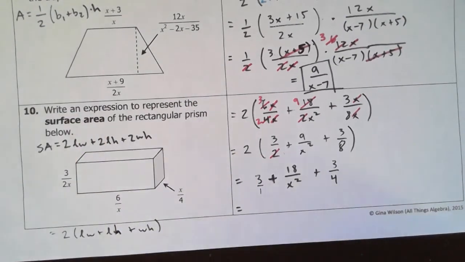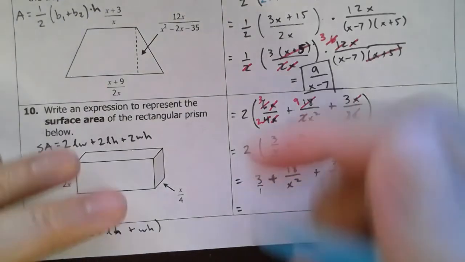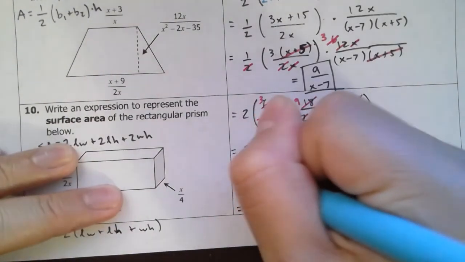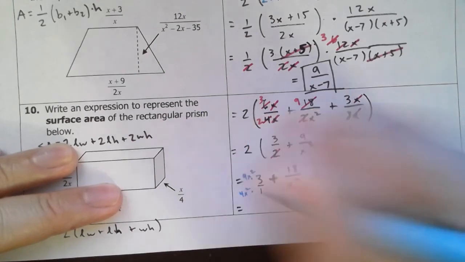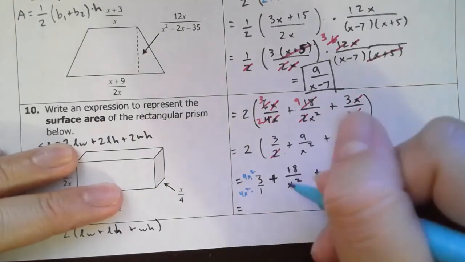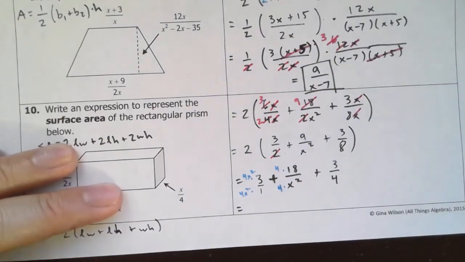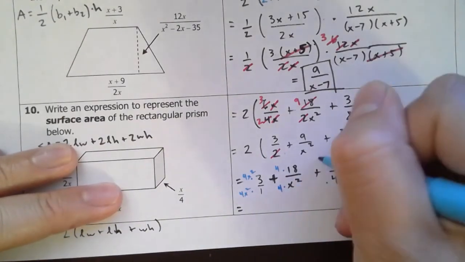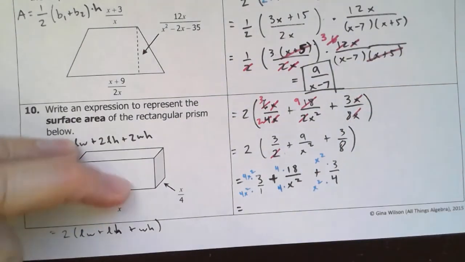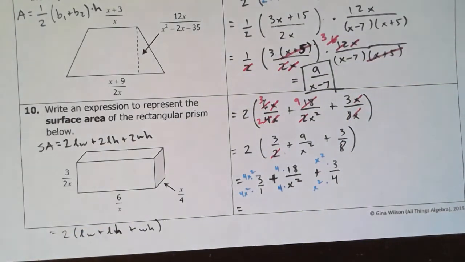So I'm going to multiply this first one by 4x squared, top and bottom. I'm going to multiply this one, top and bottom, by 4, because that gives me 4x squared in the denominator. And I'm going to multiply this one, top and bottom, by x squared, because that's going to give me 4x squared in the denominator. So 4x squared is a common denominator.